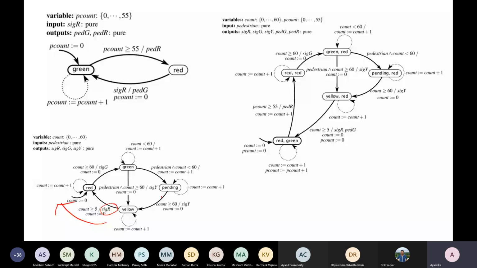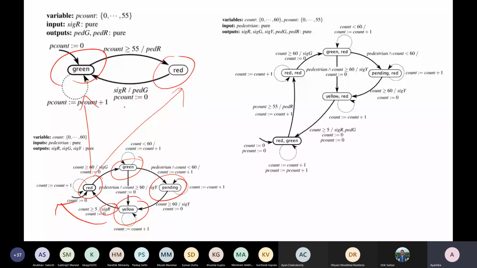That means if you now see the separate states of your traffic light controller, these are red, green, pending, yellow, and green, red are from your pedestrian control. So now what you have to check, what are the possibilities. Here the possible state combinations are red-red, red-green, green-green, green-red, and so on.